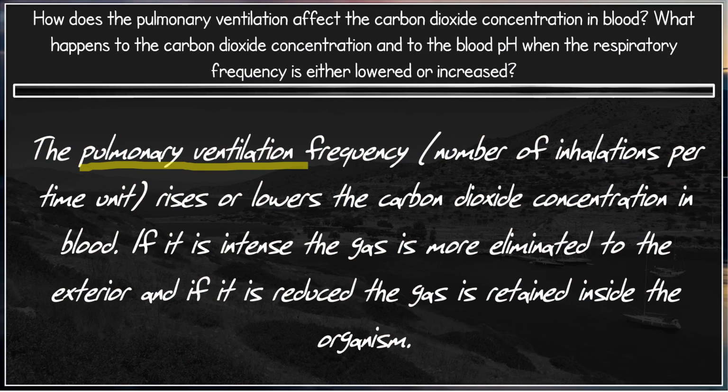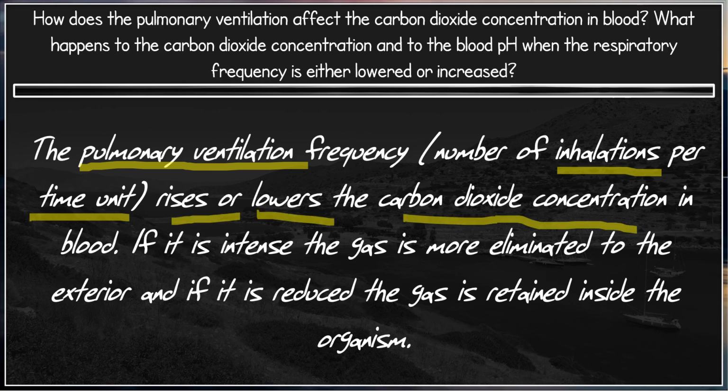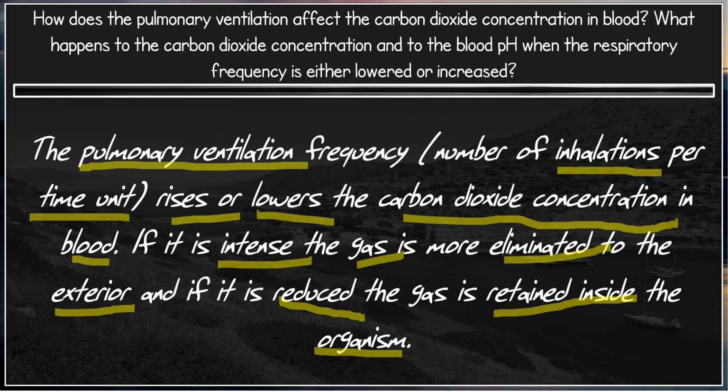Pulmonary ventilation frequency, the number of inhalations per unit time, raises or lowers the carbon dioxide concentration in the blood. If it is intense, the gas is more eliminated to the exterior. If it is reduced, the gas is retained inside the organism.